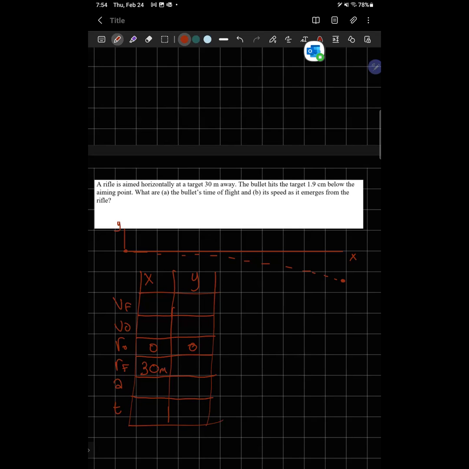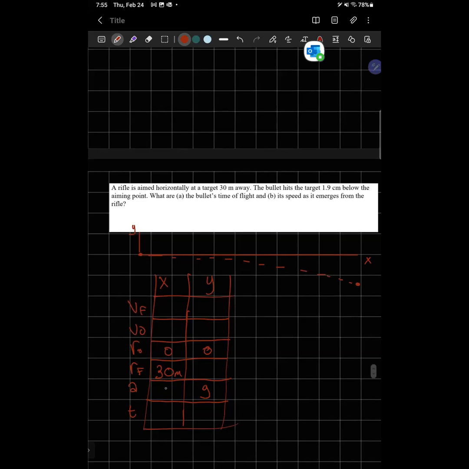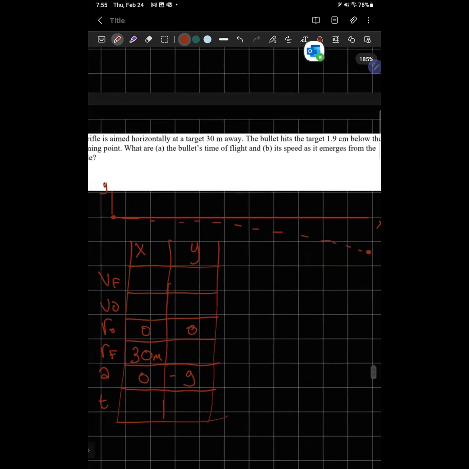What else? You have an initial velocity in the x direction. Anything else I know? Yeah, you know your acceleration. It's gravity for y and 0 for x. And then do I know my vertical distance?